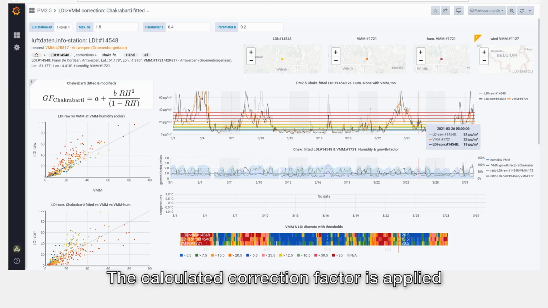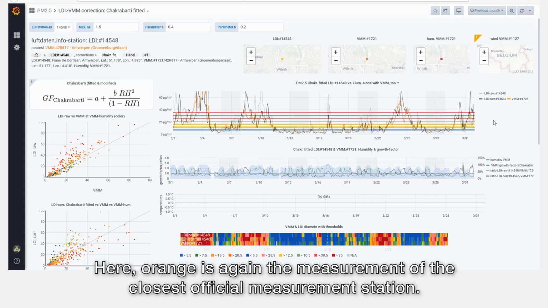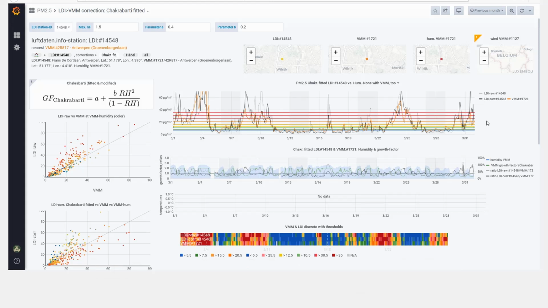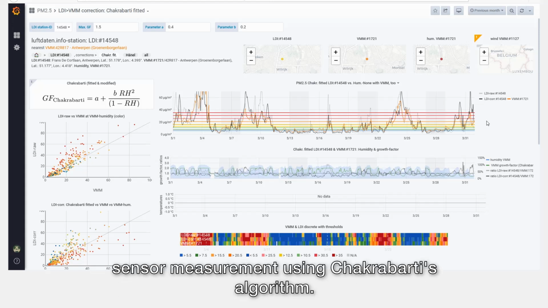The calculated correction factor is applied and shown immediately in the different graphs. Here, orange is again the measurement of the closest official measurement station. Gray is the original uncorrected sensor measurement, and black is a corrected sensor measurement using Chakrabarty's algorithm.